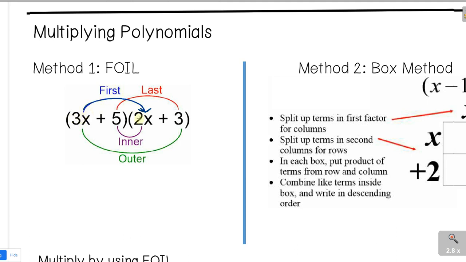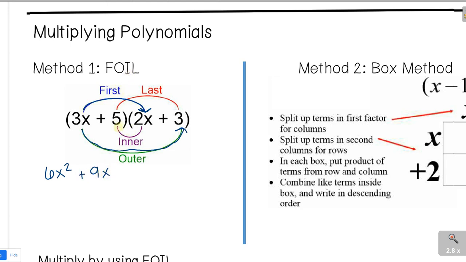So 3x times 2x is 6x squared. So that's the first. Outer. 3x times 3. 3x times 3 is 9x.